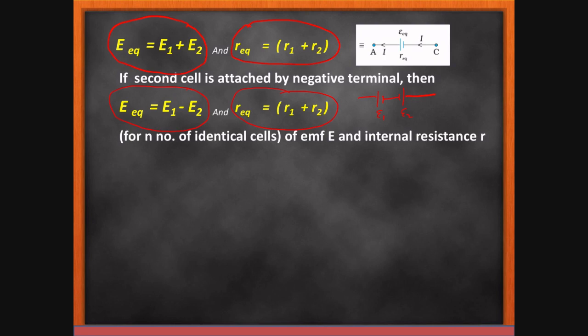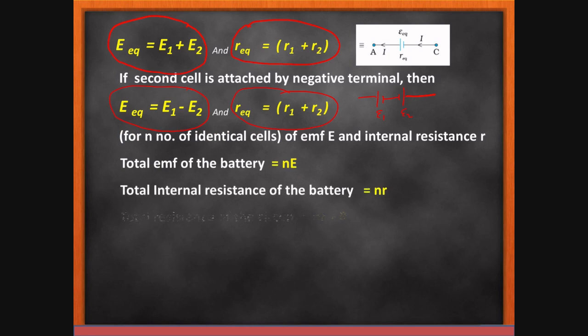Now for n identical cells of EMF E and resistance r, the total EMF is nE, the total resistance is nr, and the total resistance of the circuit is nr plus capital R, where capital R is the external resistance.